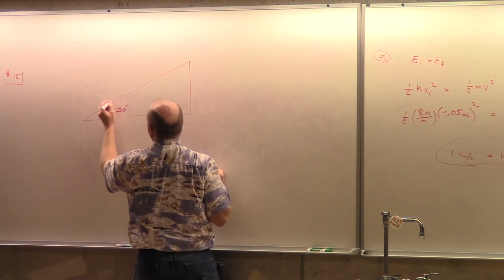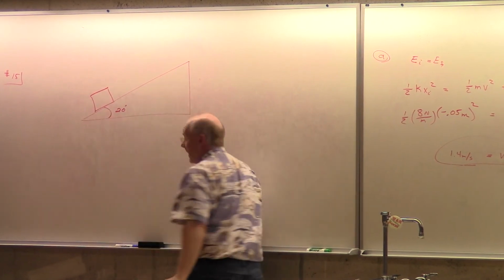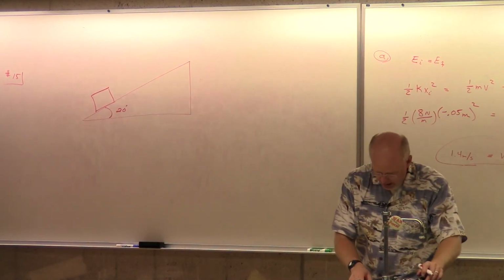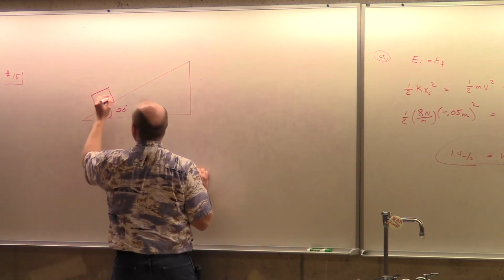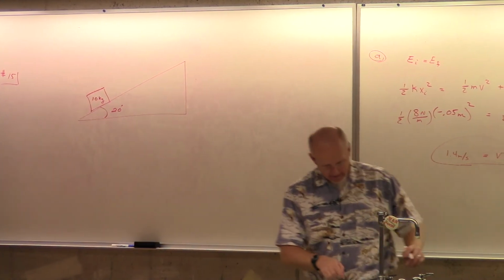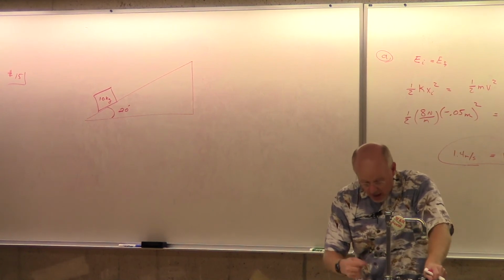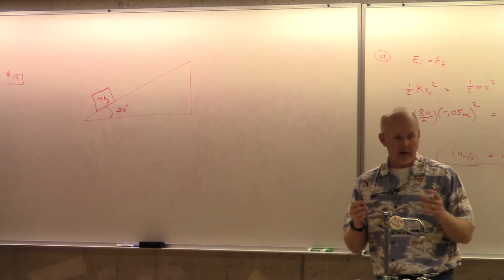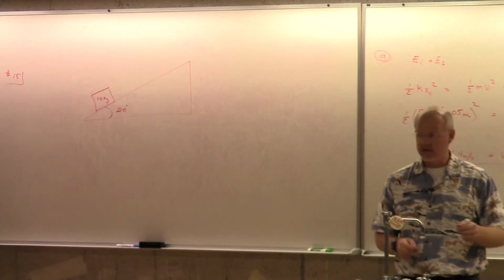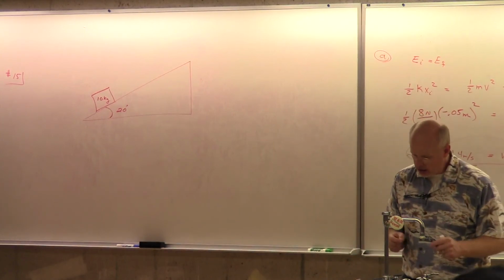They said you had a crate. They gave its mass, a crate of mass 10 kilograms. So here's the 10 kilogram crate. It is pulled up a rough incline. Okay, so that keyword rough means we're going to have some kinetic friction as we are sliding up here.